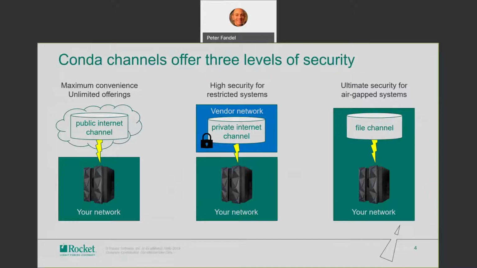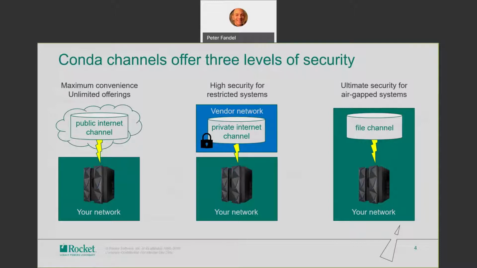Then, for those that are more security-minded, you have private internet channels, which are authentication secured. These are usually on private vendor networks behind the firewall. If you have an account on one of these private internet channels, then you can download products from those.